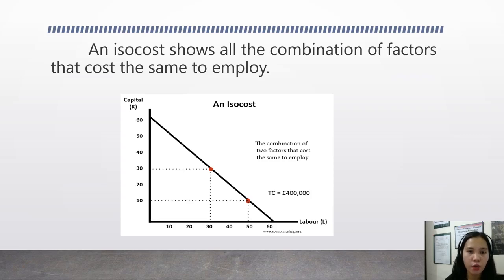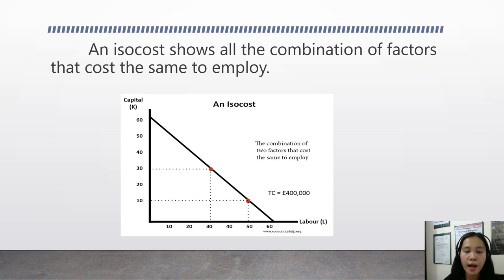If we employ 10 units of capital and 50 units of labor, the total cost will be 66,666 for the capital and 333,333 for the labor, to come up with a total cost of 400,000.